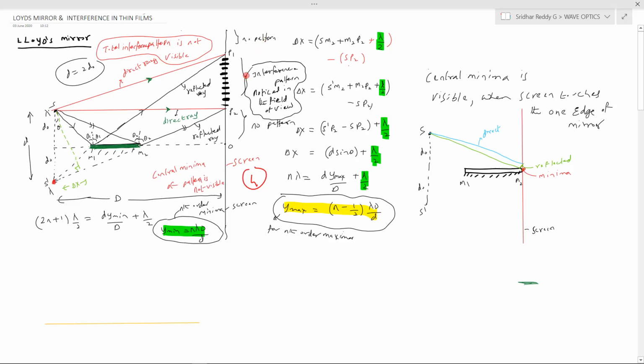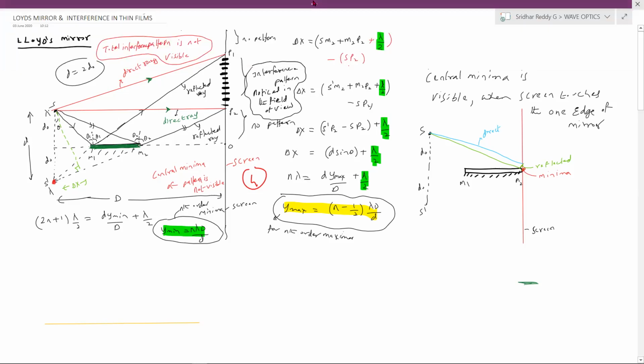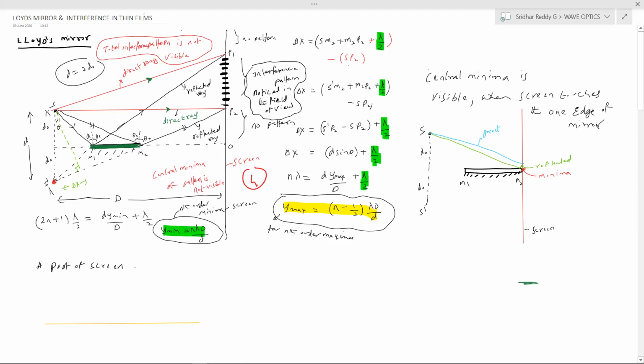Okay, there's one core idea. Now we will summarize it. So what do you mean by this one? A part of screen that lies in the field of view.